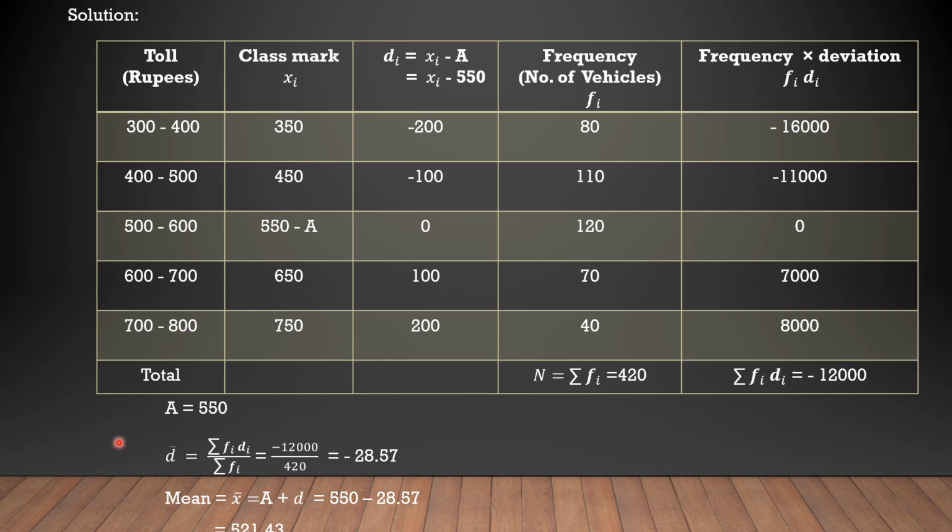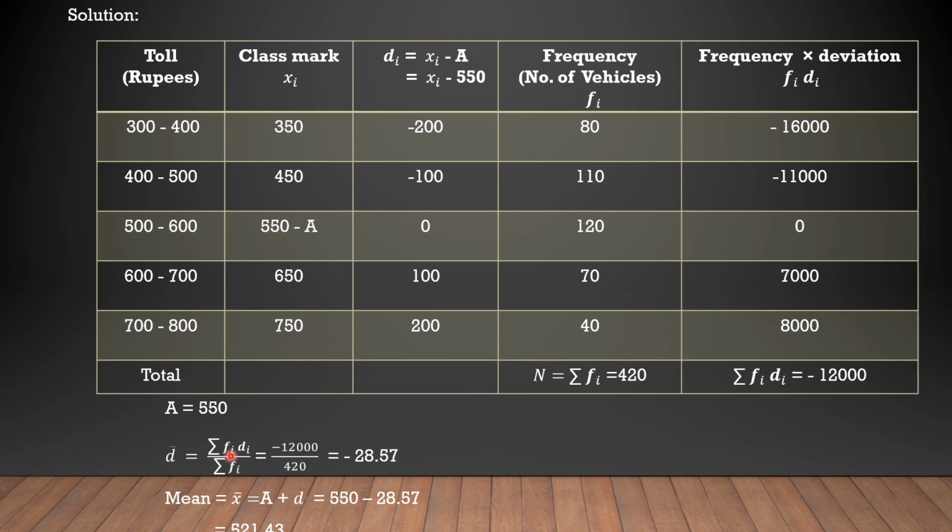Then here the value of A is 550 and we need D bar. So first we calculate D bar. D bar is equal to summation of FiDi by summation of Fi. So summation of FiDi is equal to minus 12,000 and summation of Fi is equal to 420.